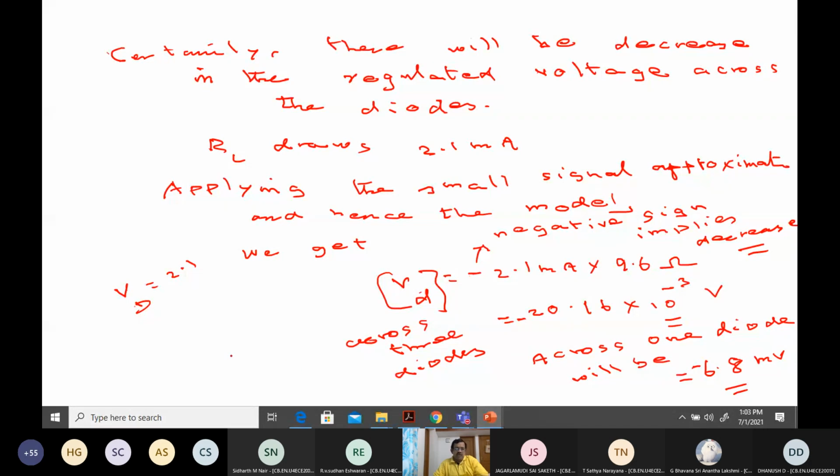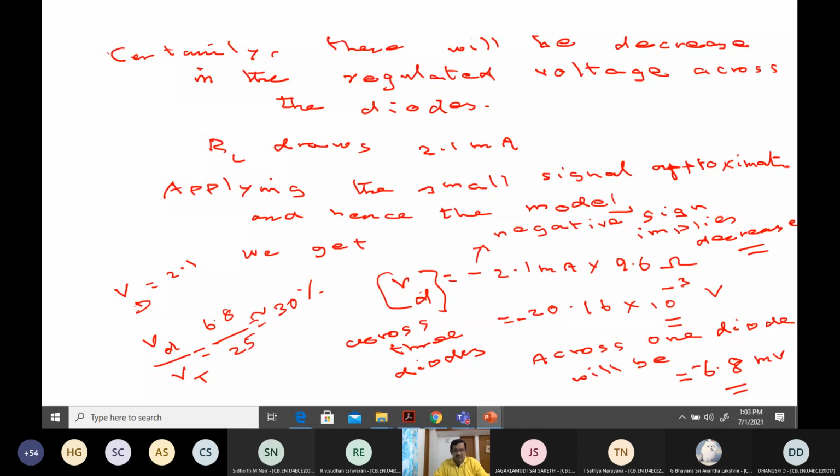To check that, you have to again do Vd by Vt, and we see that the value is getting increased now. Compared to 25, 6.8 is close to nearly 30%.